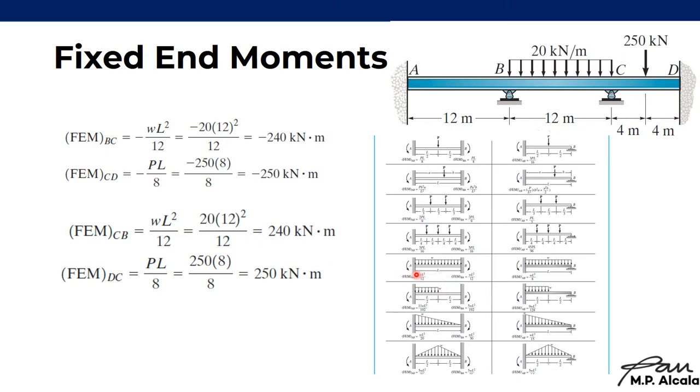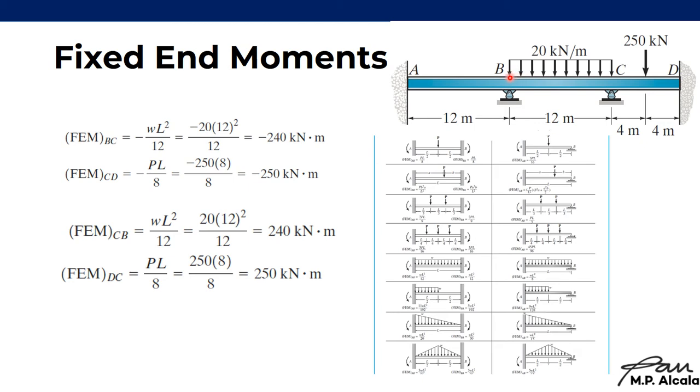Right? Okay. Now next. A key factor here, class, that you need to identify is BC. Why is it clockwise? As you can see here, omega L squared over 12, we mirrored this, right?